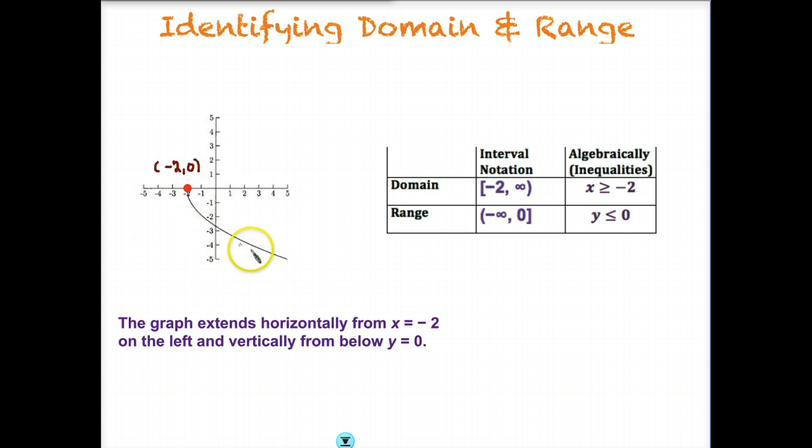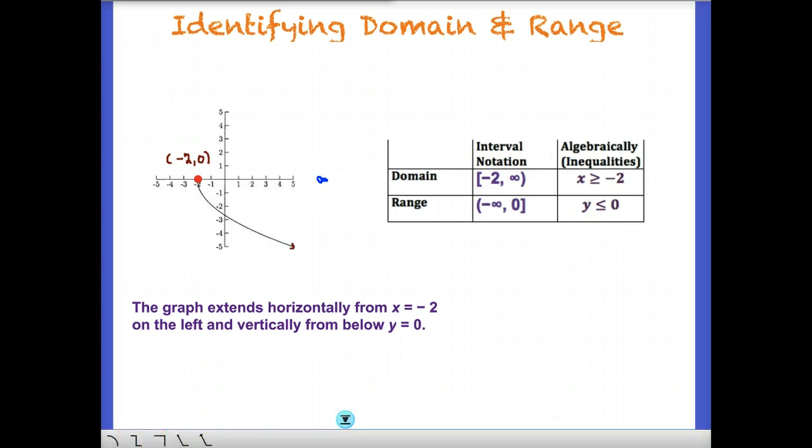And we are traveling down, and this line continues on forever. So let's identify where this line goes. Well, it's heading to the right. So if we're thinking about domain, we start at -2, this x value, and it actually does go to the right out here somewhere to positive infinity.